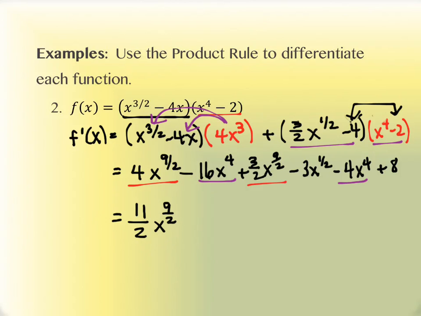And then we'll do the ones that I underlined in purple. I have negative 16x to the 4th and negative 4x to the 4th, which gives me, good, negative 20x to the 4th. Very nice. And then what? Minus 3x to the 1/2 and plus 8. So after we did the distribution, the collecting like terms was actually pretty clean.